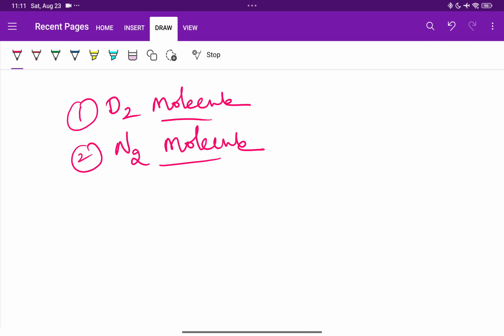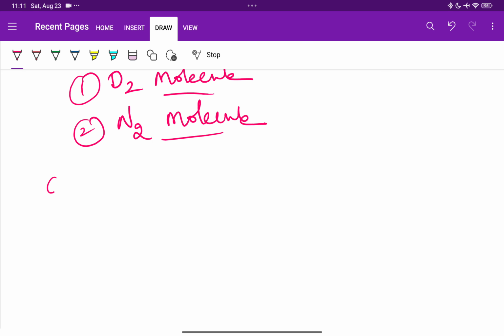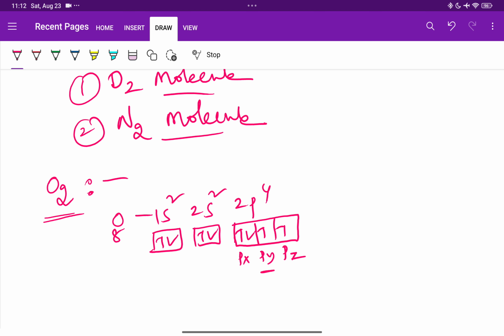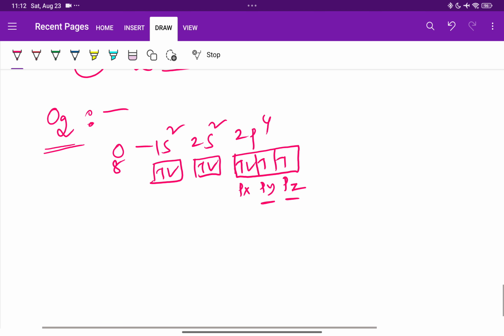So we will find first the O2 molecule. How will the O2 molecule form? You have to write oxygen atomic number 8: 1s2, 2s2, 2p4. So this is the electron configuration of oxygen. Actually two unpaired electrons are there, px, py, pz. So unpaired electrons are present in the py and pz.